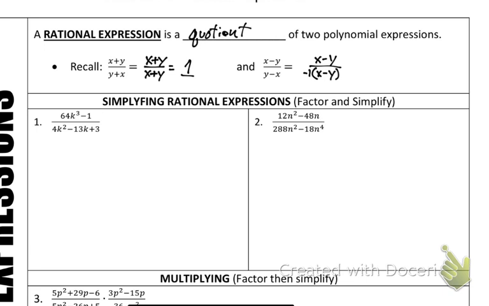So when you have x minus y over y minus x, this is just going to equal negative 1. You can do all that work, but I'm just telling you right now, in the lesson, when I get something like that and I circle it, I'm just going to say it's negative 1, and this is why it's negative 1.